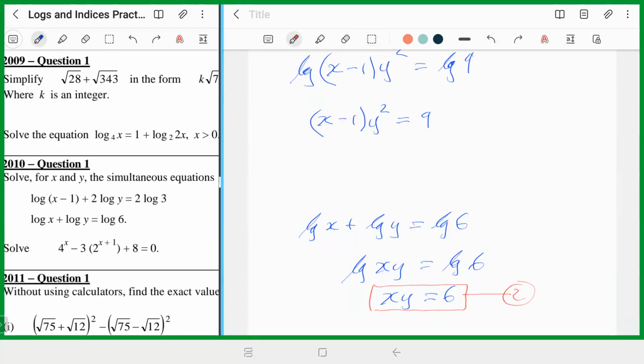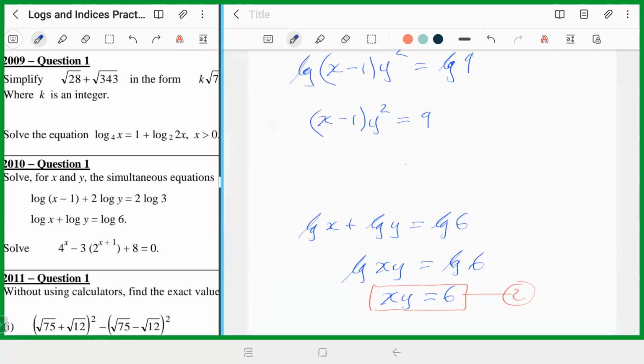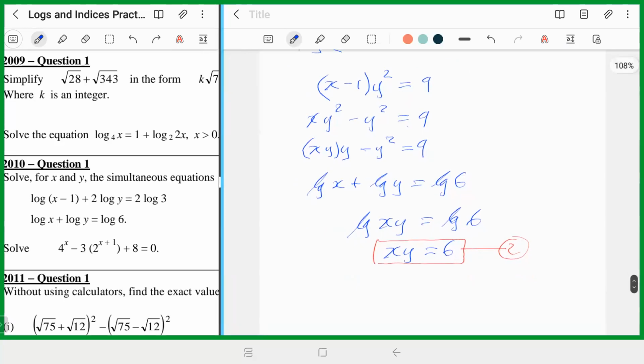So I'm going to get xy squared minus y squared equals 9. This xy squared is the same as xy times y now, minus y squared equals 9. Everybody see where I'm going with this?